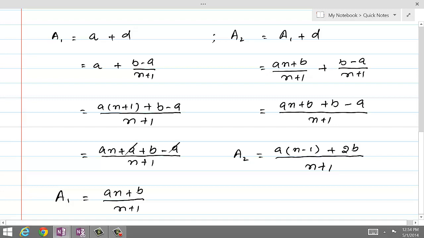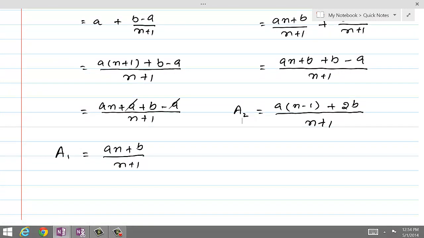If you take a closer look at a1 and a2, there is a pattern. Every time we take the next arithmetic mean, the coefficient of a is decreasing from n. For a1, this was n. For a2, this is n minus 1.